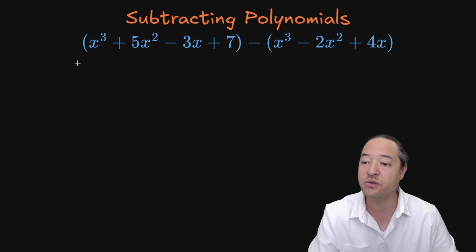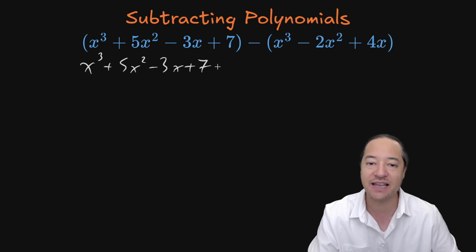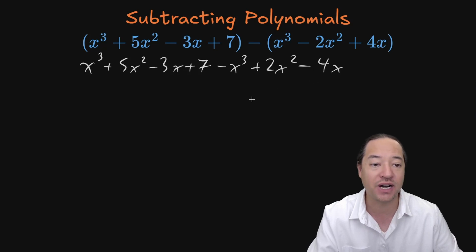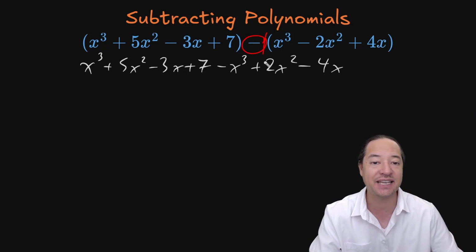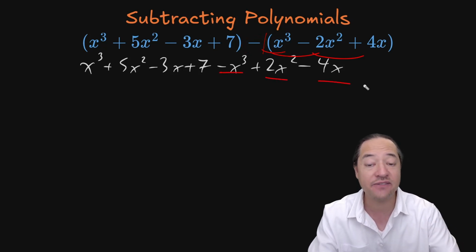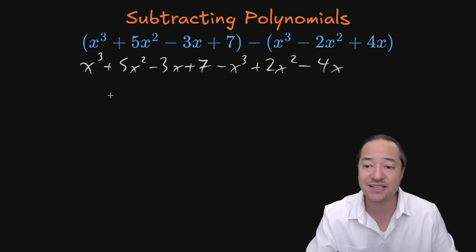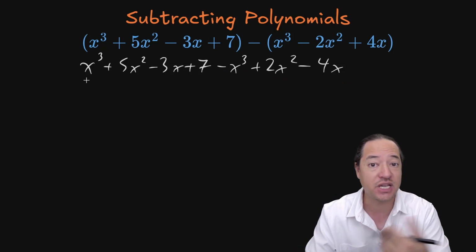And so when we do that, we'll have essentially x cubed plus 5x squared minus 3x plus 7 minus x cubed plus 2x squared minus 4x. Okay, so I've taken this -1 and distributed it through, and these are the three terms we have. And so now it's just addition, and we can just go through the process of grouping the like terms and then combining them.